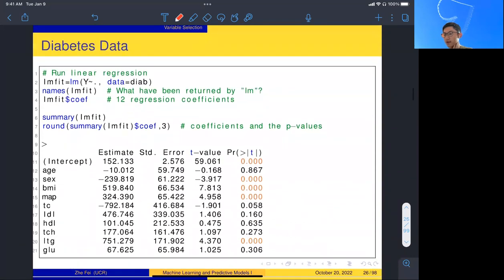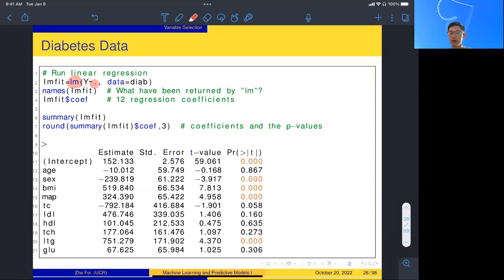So let's start with the linear model that we would fit on the whole data set, right? So we would call this LM function, right, that fits the linear regression. So y tilde dot, right? So here the dot means that we would use all of the variables in our data set, right, except for y.